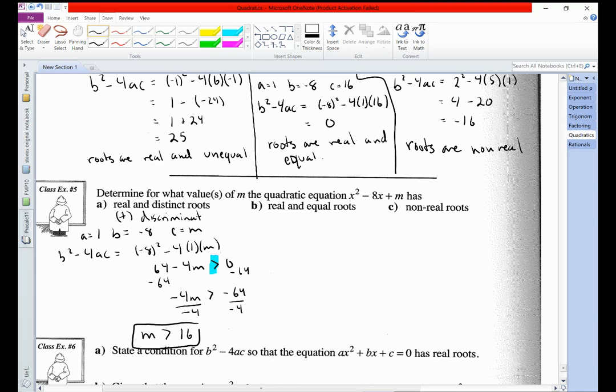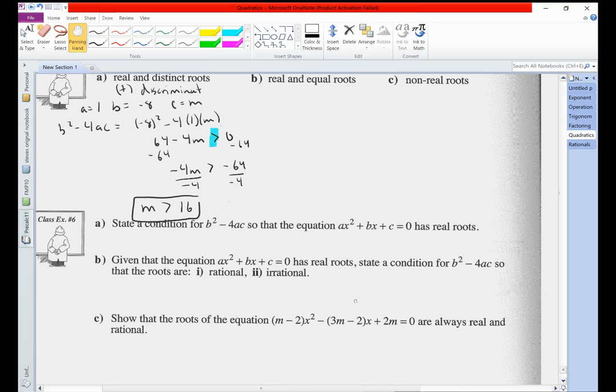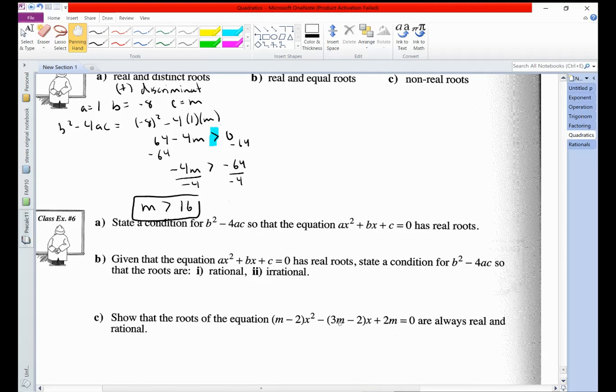M has to be greater than 16. Something flipped around here and I can't figure out what's going on. I might have to figure this out and then come back to you guys. Hopefully the process makes sense. Something flipped and I don't know what happened. Okay, let's carry on for now. There's no point in you waiting for me to figure it out.